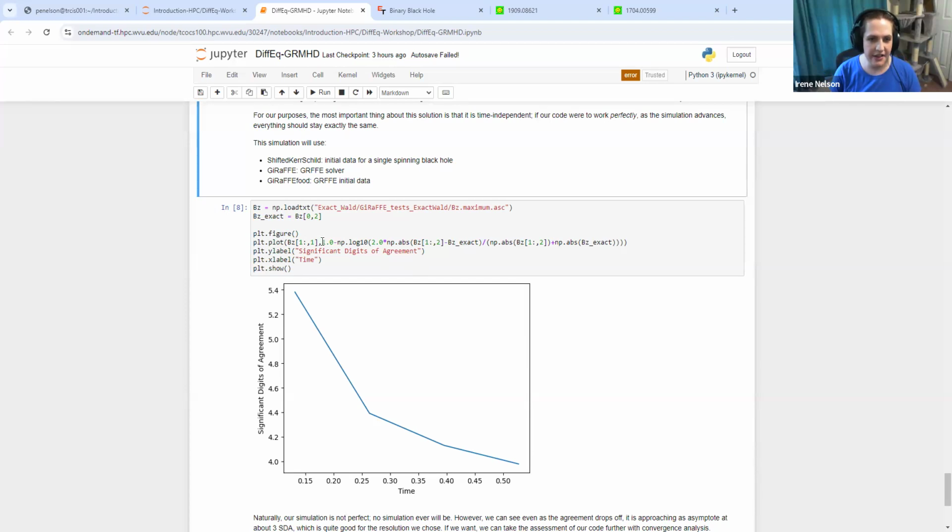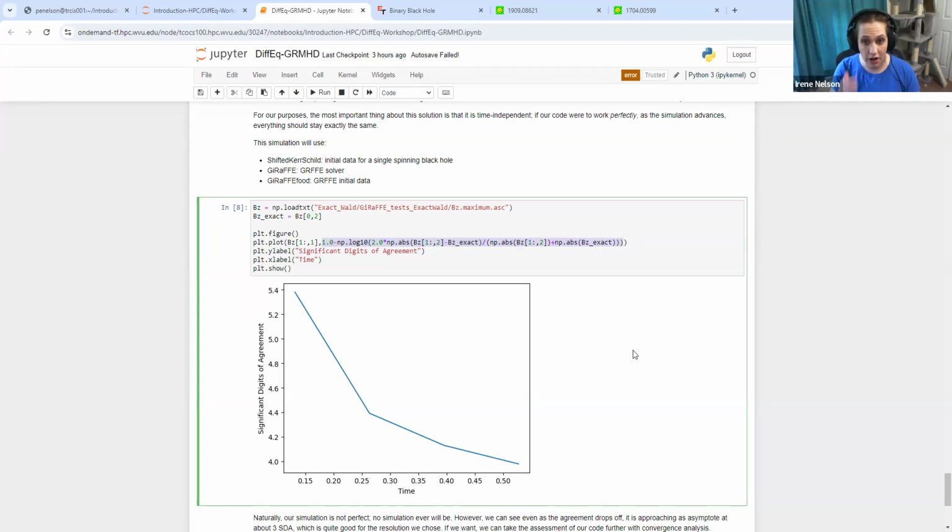So that's why I'm defining the exact to be the initial value. And then this expression here, all that's doing is calculating the significant digits of agreement. So this would be the same thing if we took the 2 numbers, looked at them side by side, and just counted how long they agree with each other before they come up with something different.